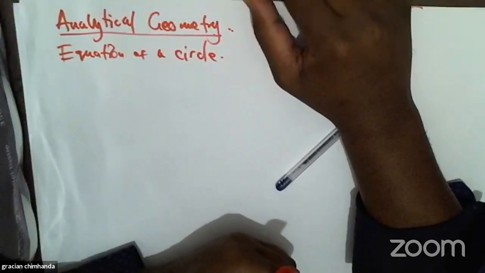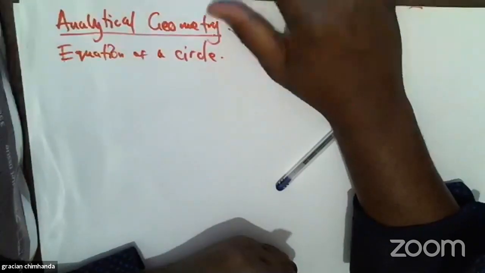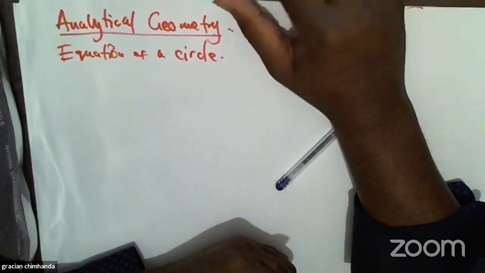So the first thing that we need to know is, what is a circle? That's the first question that we must ask ourselves. What is a circle?